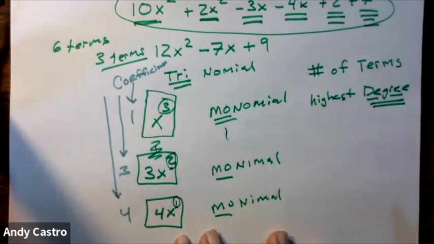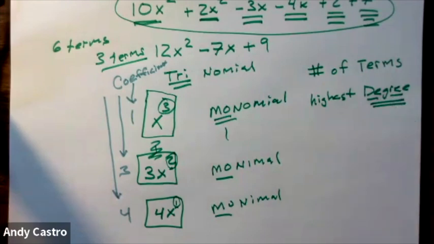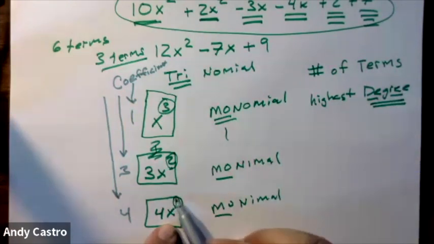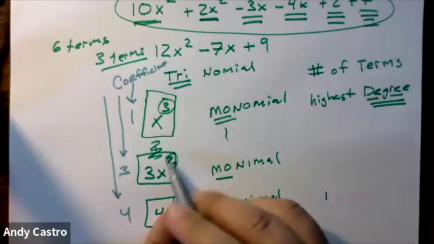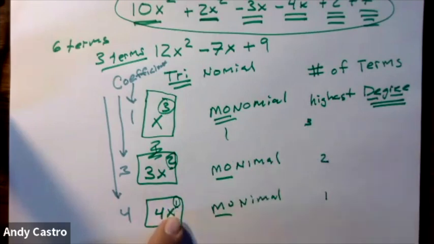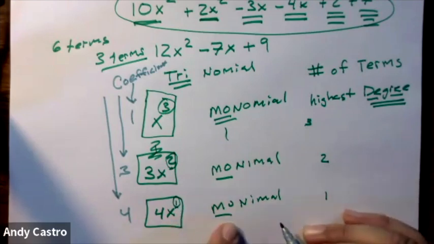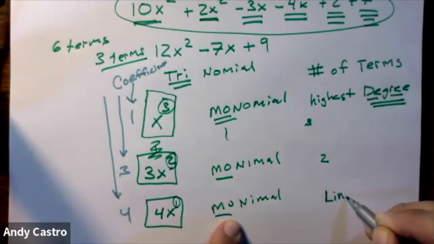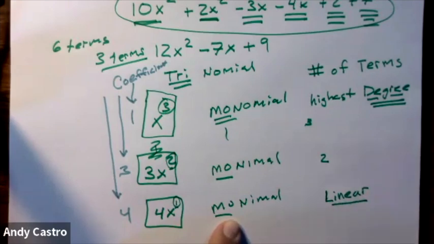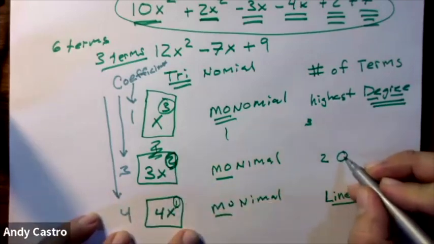What do we mean by degree? Degree means exponent. So this exponent is 1, this exponent is 2, this exponent is 3. If you have the highest degree of 1, that's known as linear. Later on in Algebra 1, I'll teach you why it's called linear. If it has a 2 in the exponent, it's called quadratic.